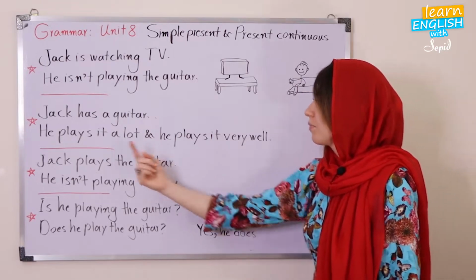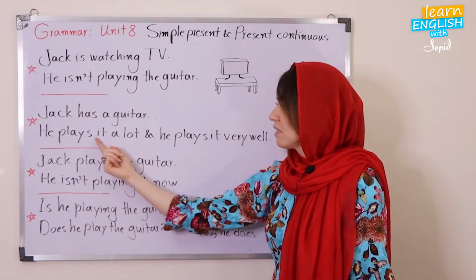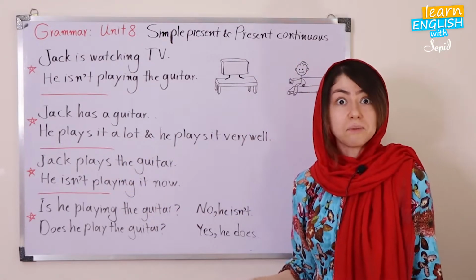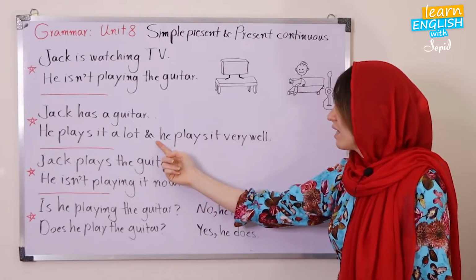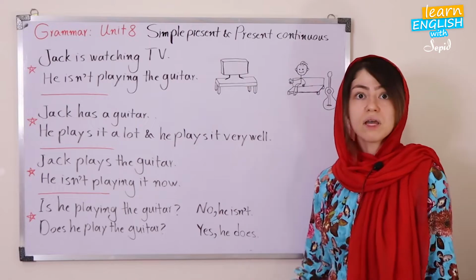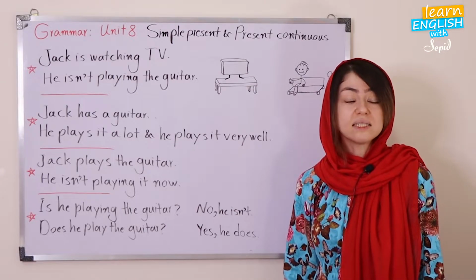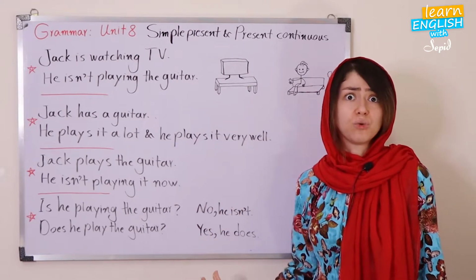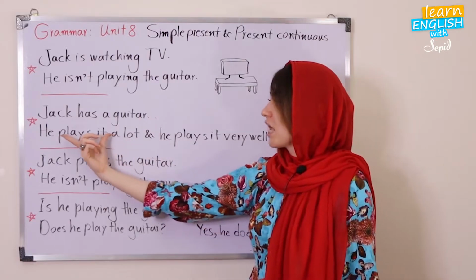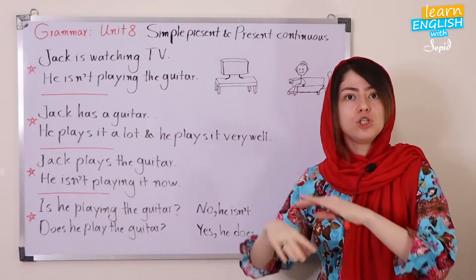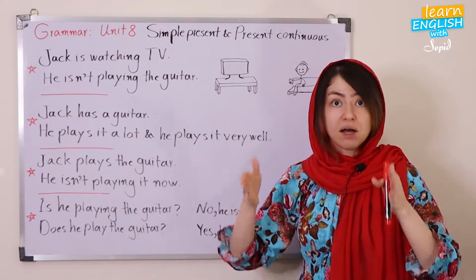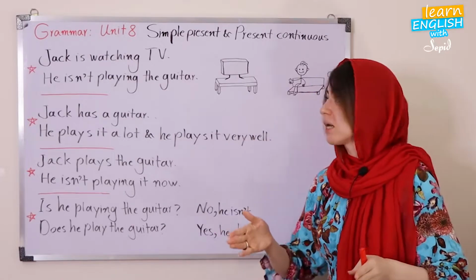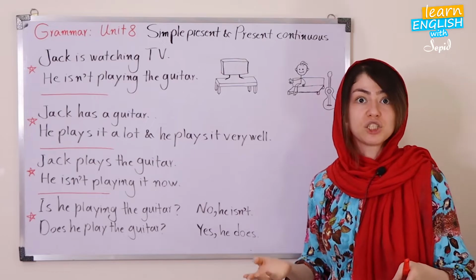So let's go. He plays it a lot. He plays it, the guitar, okay? A lot. And he plays it very well. So it's a kind of general situation. We say that Jack plays. It means usually or generally plays it. We are not talking about the moment that we are just seeing the situation, okay?